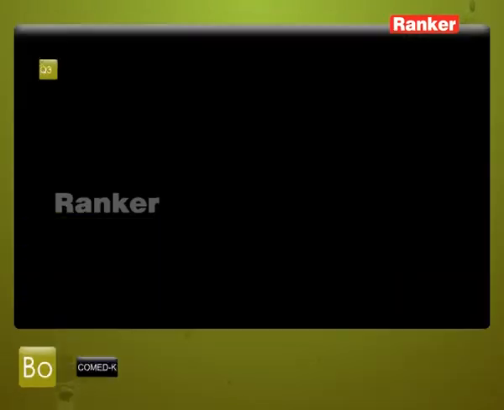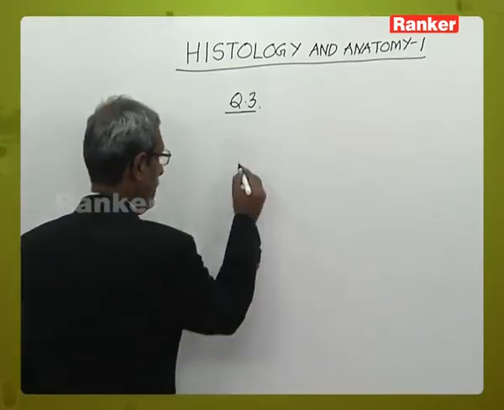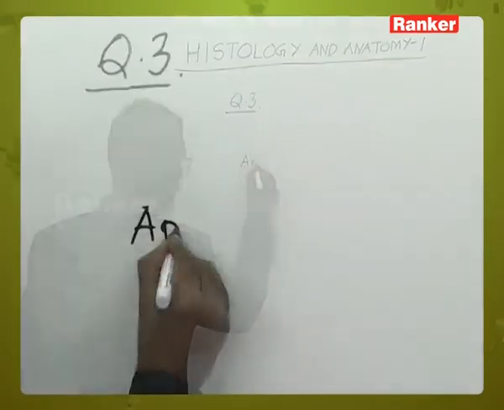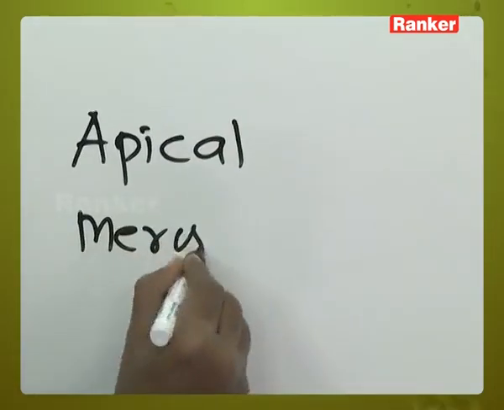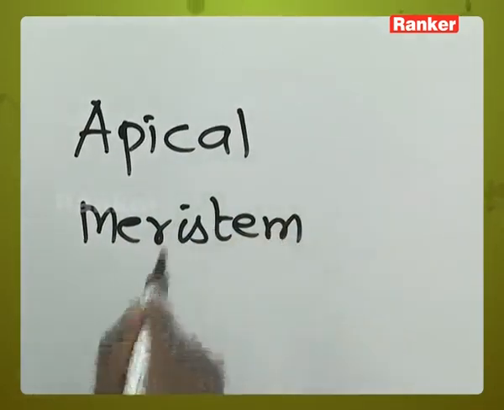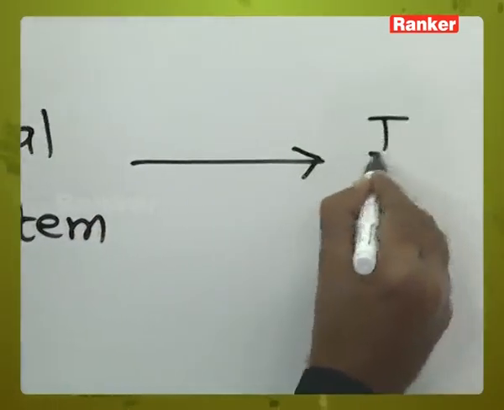Question number 3. Intercalary meristem is derived from A. Protoderm, B. Calyptrogen, C. Lateral meristem, D. Apical meristem. Always the apical meristem gives rise to the intercalary meristem.